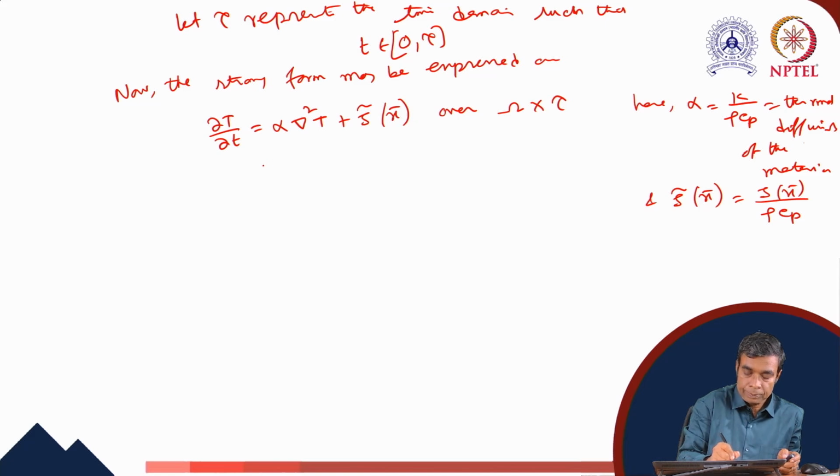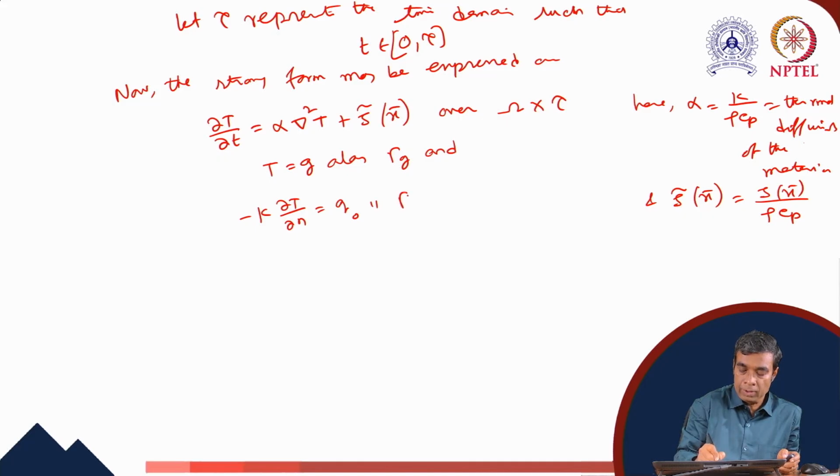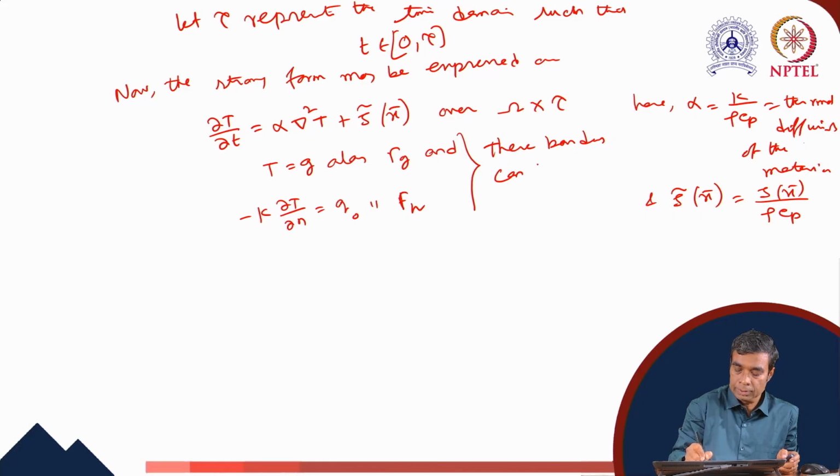We have temperature given along gamma g and minus k del T del n equals q0 along gamma h. These boundary conditions are independent of time.